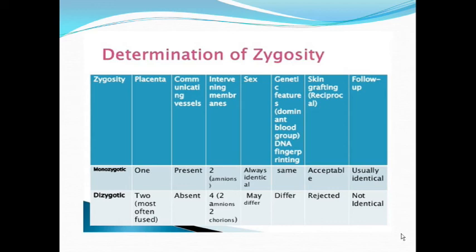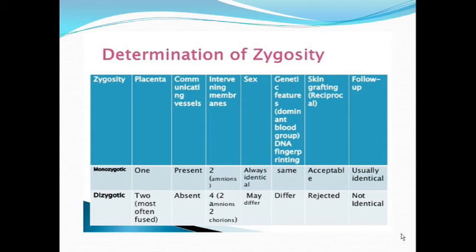So in most of the cases it will be 1, but in case of dichorionic diamniotic it can be 2 also. But in case of dizygotic twin, placenta in all cases will be 2, but it can be fused.